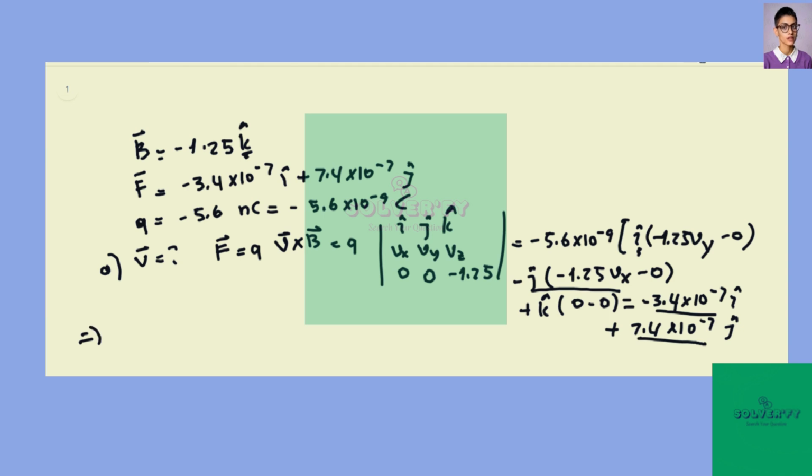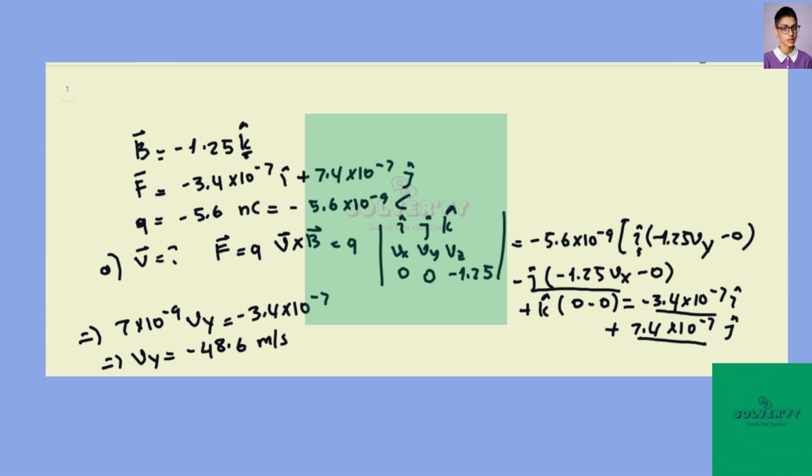Negative 5.6 times 10 to the power negative 9 times 1.25 is going to give us 7 times 10 to the power negative 9 V sub Y for the first term. So that has to be equal to negative 3.4 times 10 to the power negative 7. So from here, V sub Y is going to be equal to negative 48.6 meters per second.